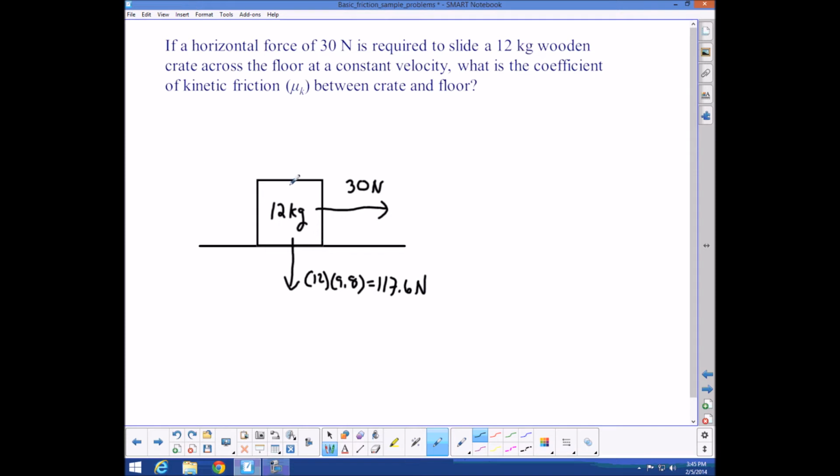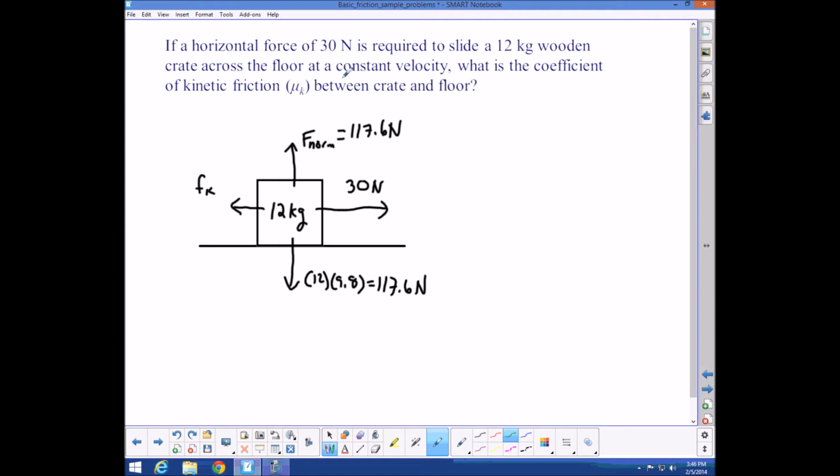Again, there are no other vertical forces acting, so the normal force has to balance out the weight. So the normal force is also 117.6 newtons. And then we have this force of kinetic friction acting to the left.